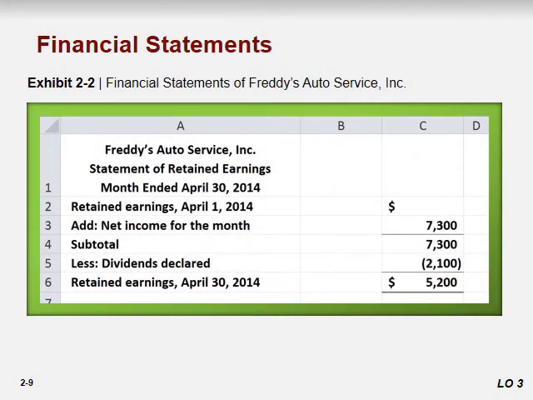And how can we make the statement of retained earning through the accounting equation? We know that the formula for the ending retained earning balance is opening retained earning plus net income minus dividend.